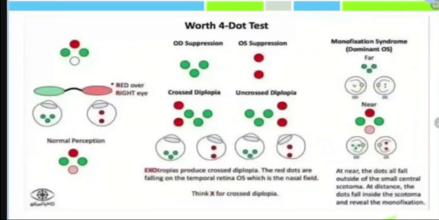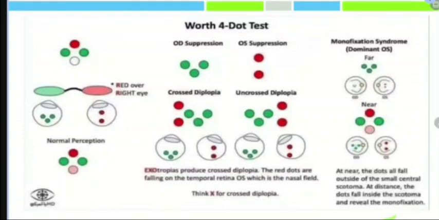In this case, a patient can say that at near distance, he is able to fuse it together. The patient can perfectly see one red, two green, and one red and green or pink color. But when you go for distance, the patient can see only three green colors or only two red colors, which means one eye is suppressed.